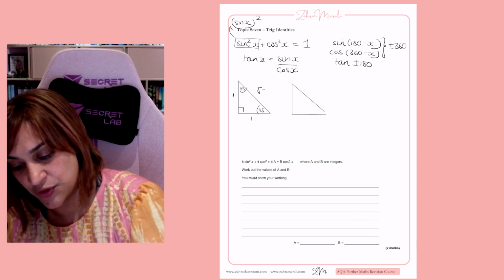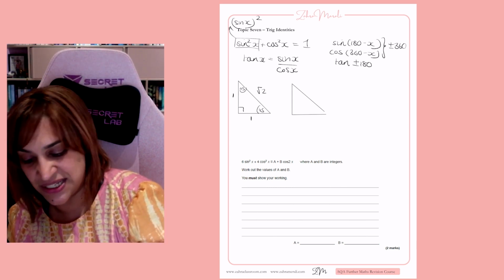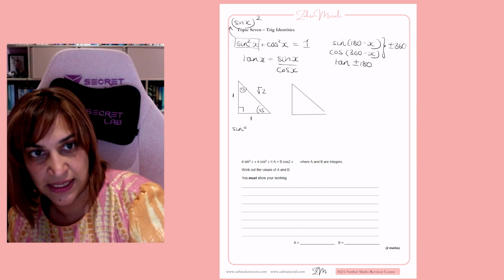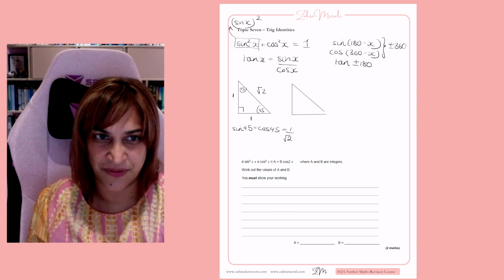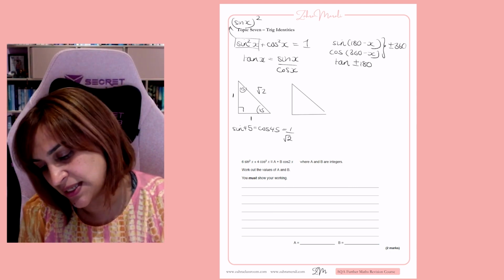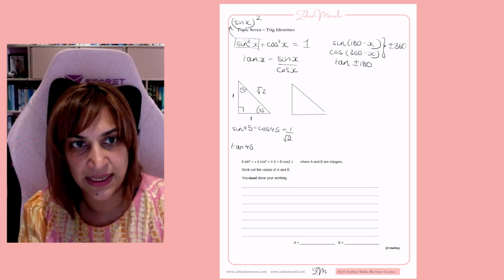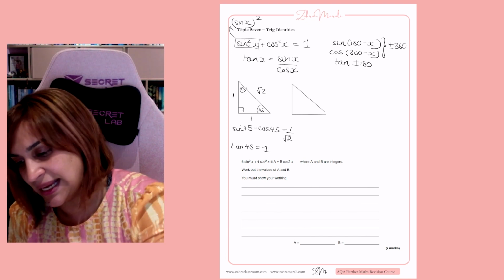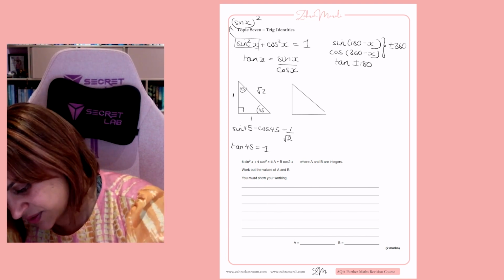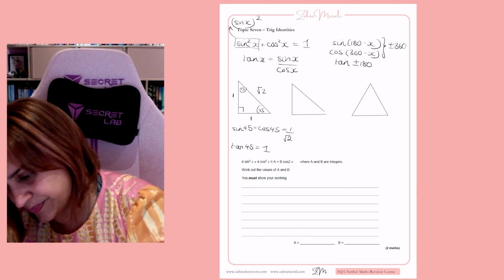Using Pythagoras, this is root 2. And that essentially tells us that sine 45 is the same as cos 45, which is 1 over root 2. So that's the first one there. And we can see that tan 45 is going to be 1. The other triangle that we use actually starts its life as an equilateral triangle.